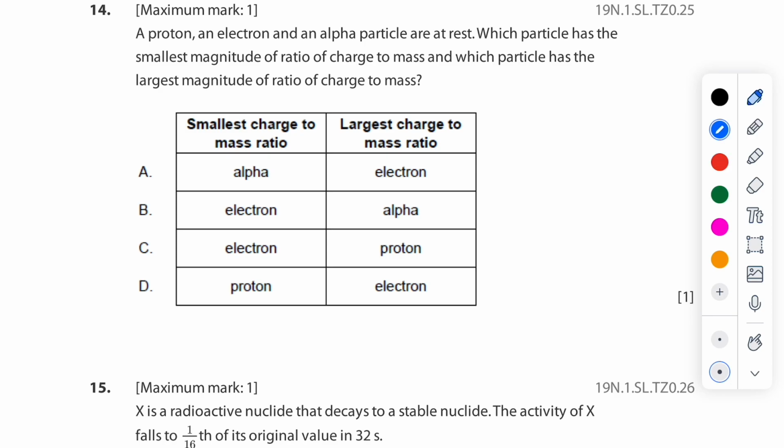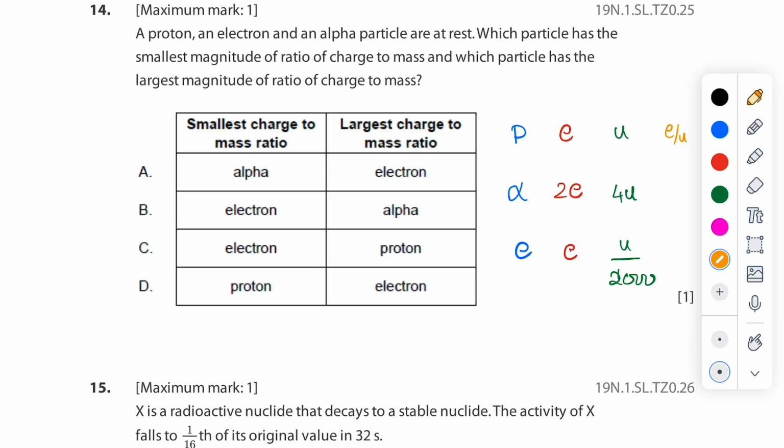Let me make a table over here. We are talking about proton, alpha particle and an electron. The charge for proton is e, for alpha particle is 2e, and for an electron it is also e. Whereas mass is u, 4u, and u upon 2000. Now when I find the ratio, for the proton it's going to be e upon u.